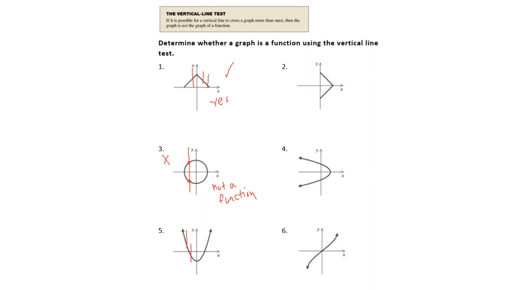Touches once, once, once, once, once, once. Anywhere I draw it, it can only touch once. It passes. Yes, it is a function. Right here, touches twice. So not a function. Here, twice.